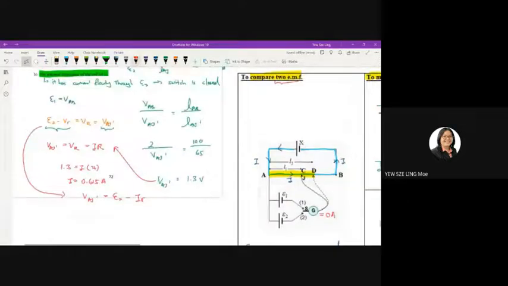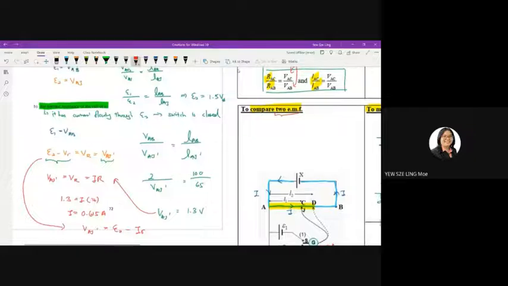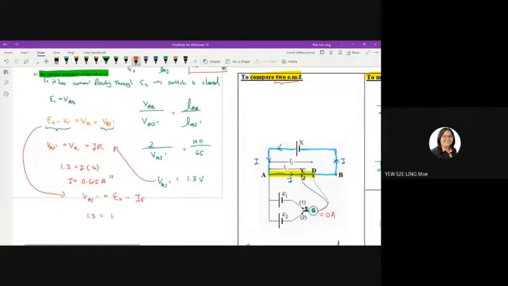So what I have right now, VAJ prime is 1.3, equals to EMF2, which is coming from the previous question, because EMF is a constant value as long as you're still using the same battery. So 1.5 minus 0.615 R. Oh, not 0.615, sorry, I made a mistake here.